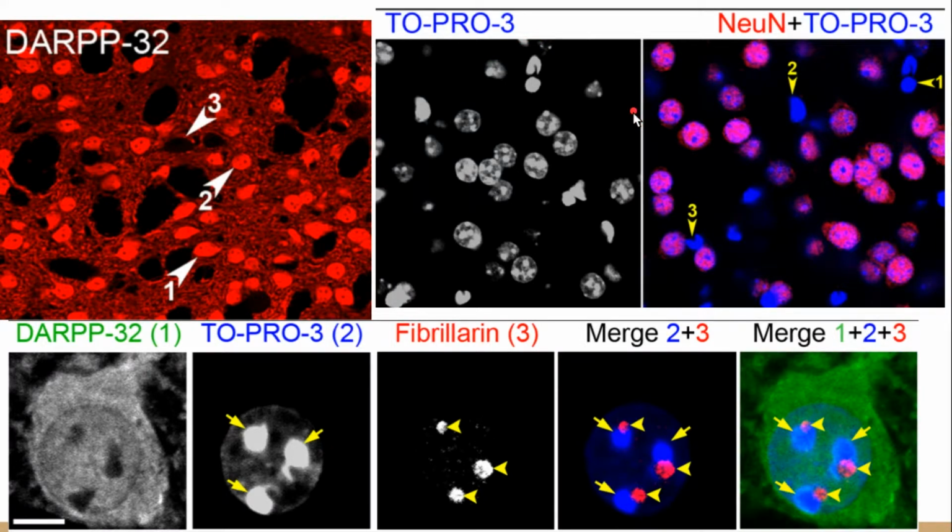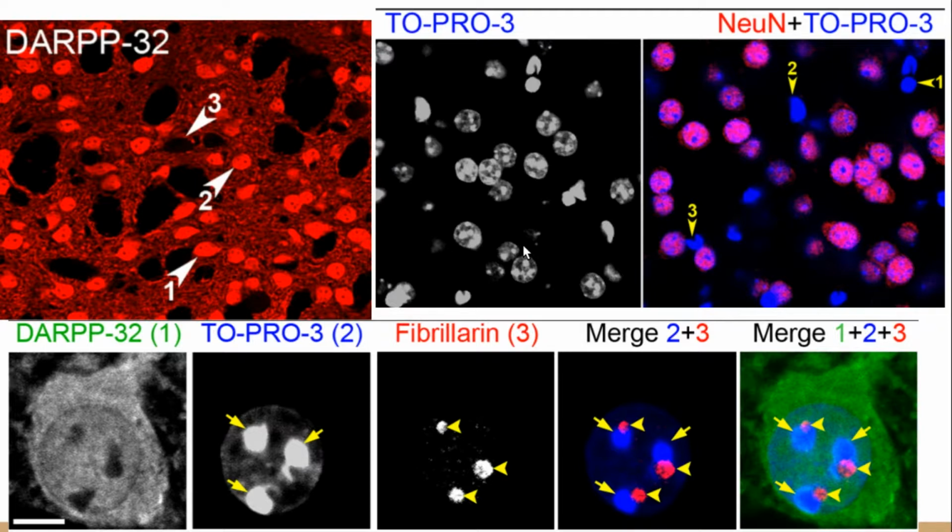They basically have very, very interesting and densely staining heterochromatin. In this image from the study, they use TO-PRO-3, which is a stain of heterochromatin similar to DAPI.